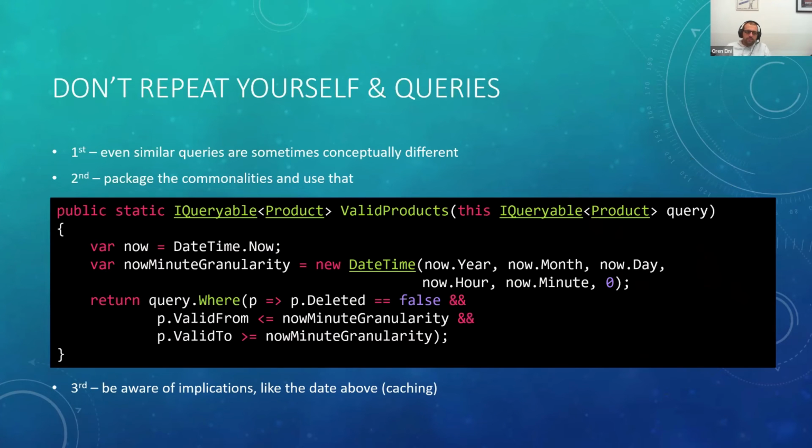Here's a good example. I want to have some shared common query behavior. How do I manage that? Well, the first thing to notice is that even if the current query is identical on two endpoints, this doesn't mean that this is still conceptually the same thing.